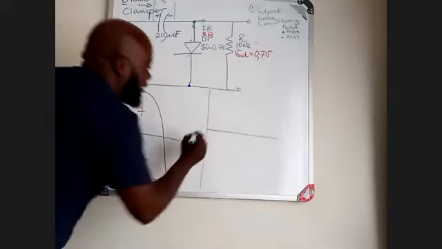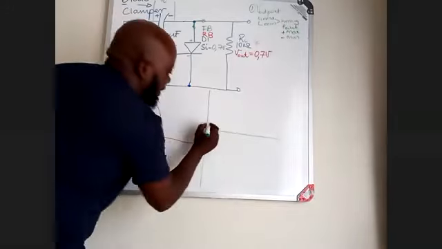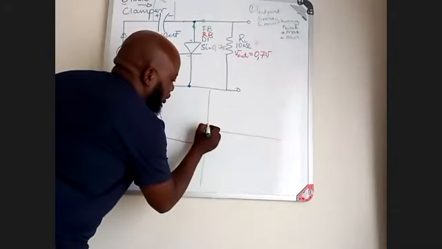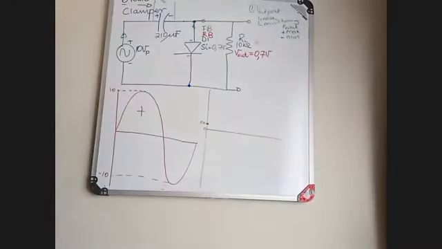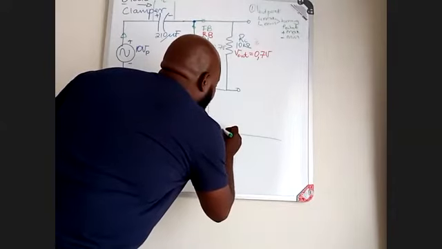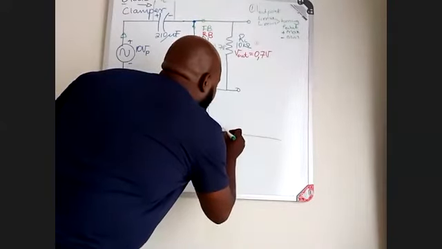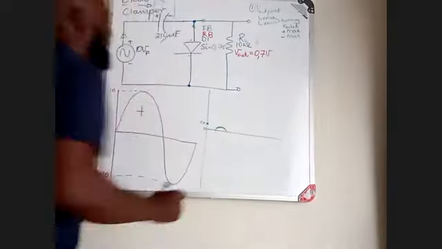Where is 0.7? If that is 0, then more or less 0.7 volts can be there. I need to have a turning point at 0.7, which means my graph needs to turn at 0.7 volt.